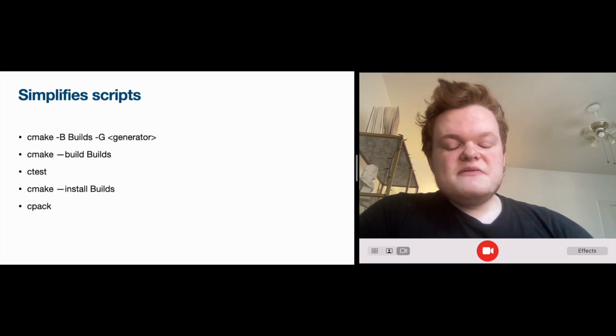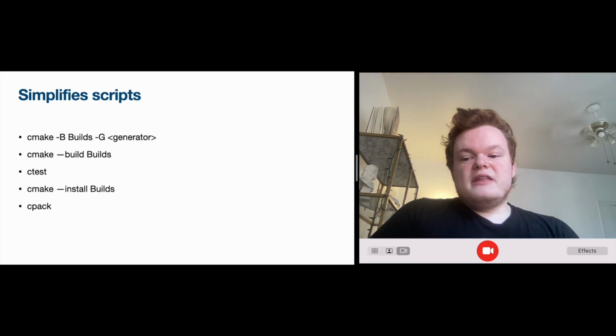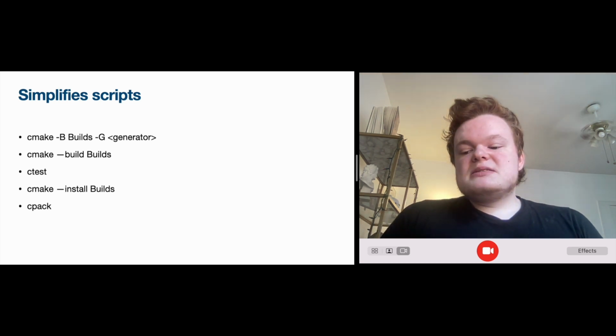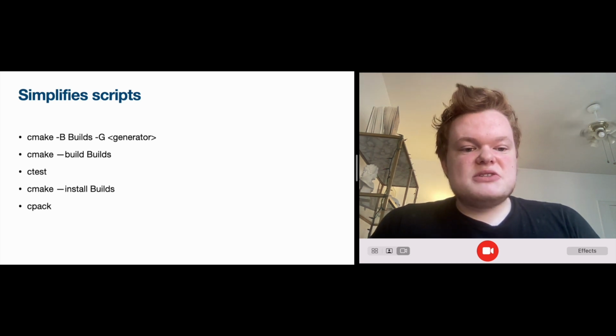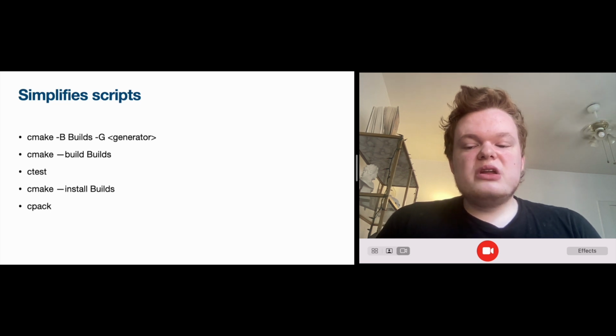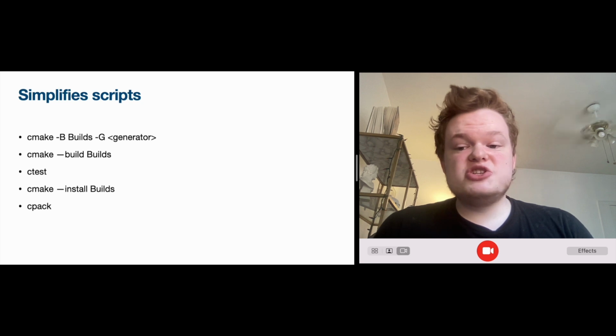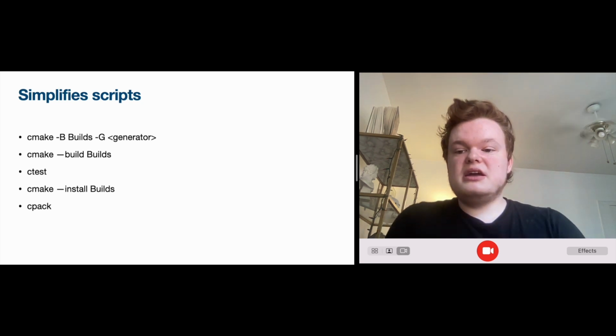I'll go into each of these topics in more depth later, but the takeaway here is that CMake's command line interface is designed in such a way that you really only need to specify platform-specific things in the generation command, the first one at the top here.